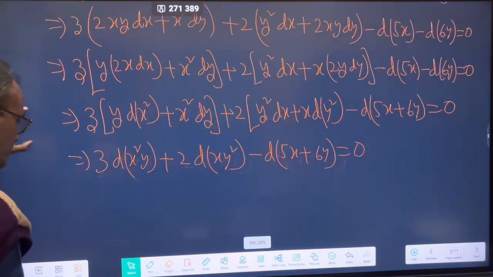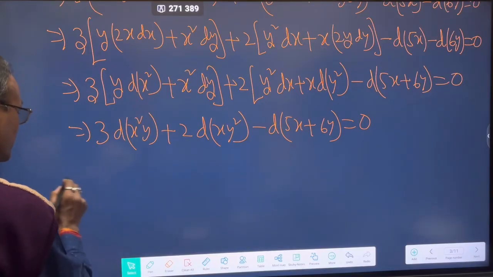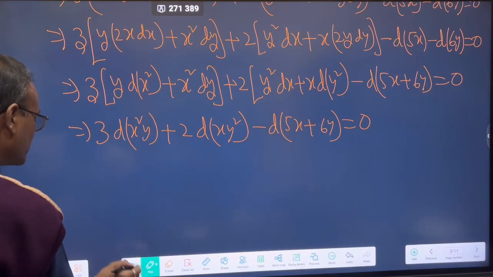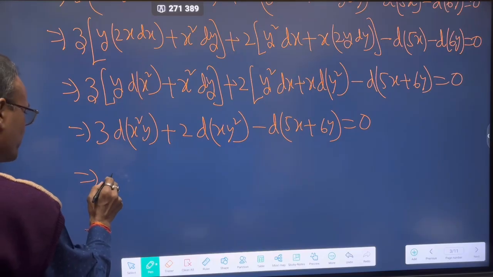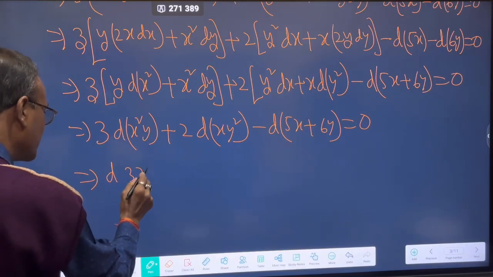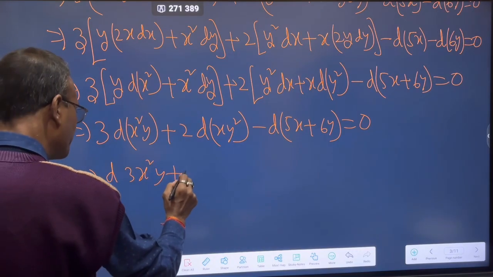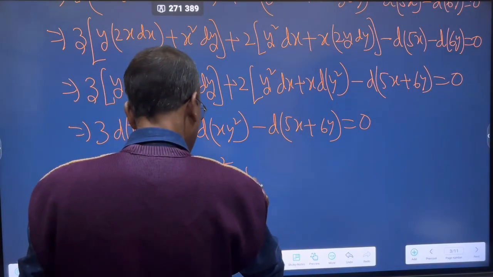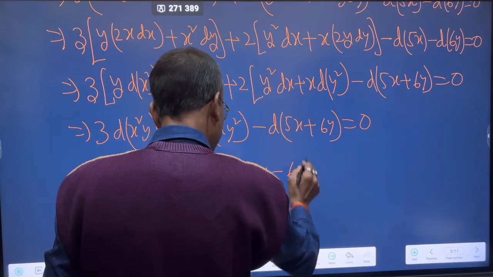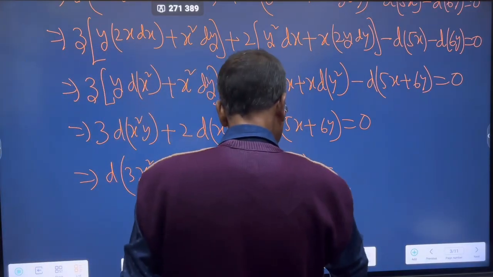Or d of (3x²y plus 2xy² minus 5x minus 6y) equal to 0.